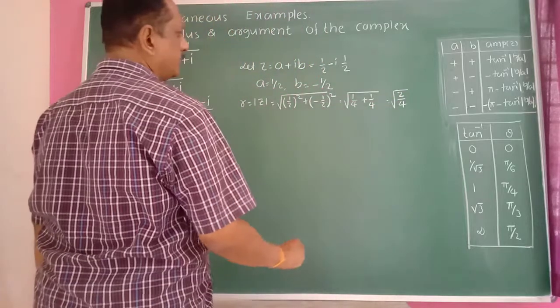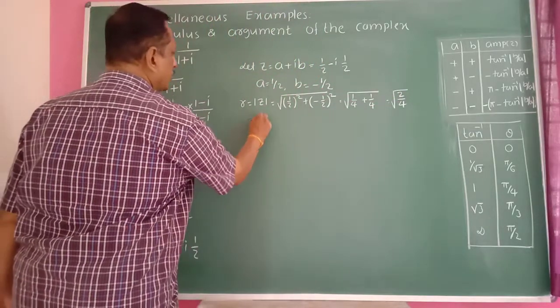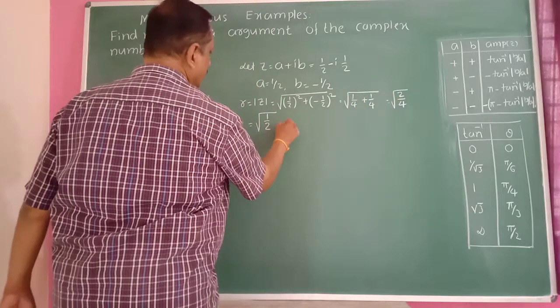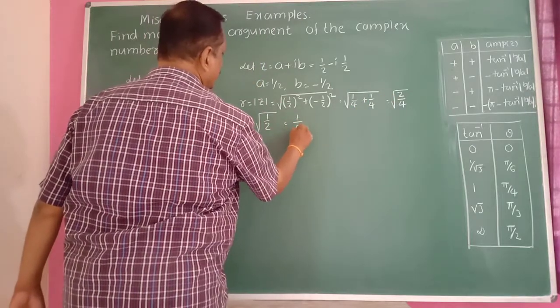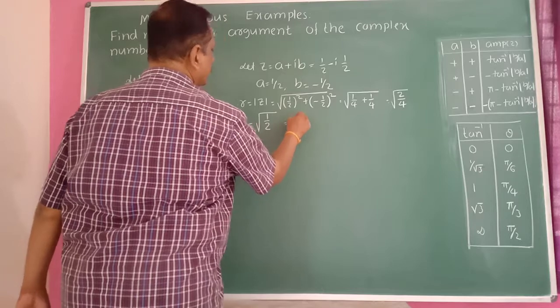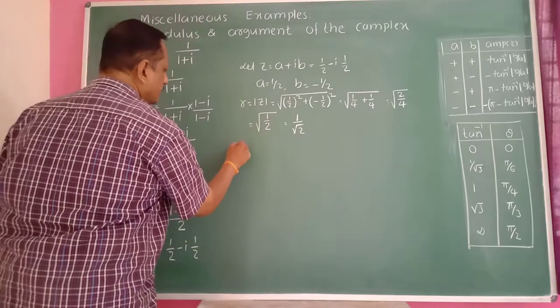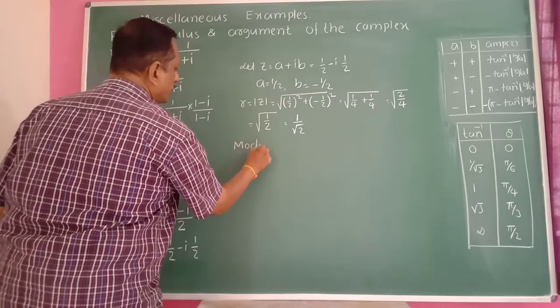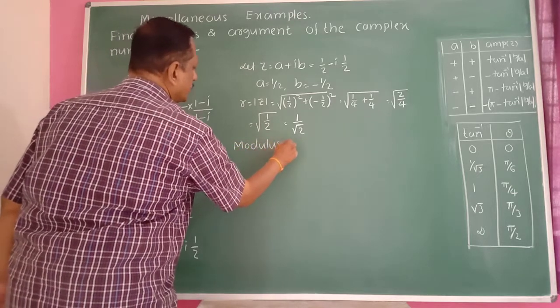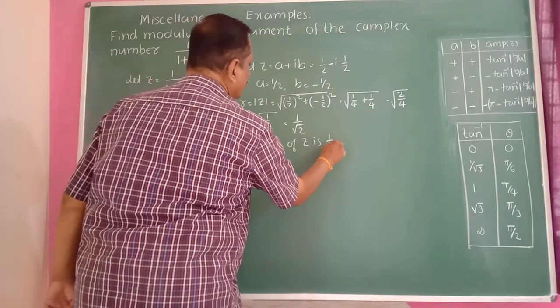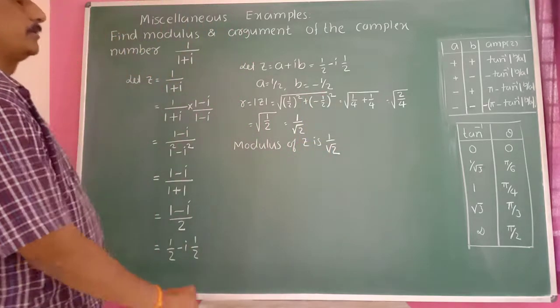Therefore, this is equal to root of 1 upon 2, or you can write 1 upon root 2. So r is equal to 1 by root 2. Hence, the modulus of the complex number z is 1 divided by root 2.